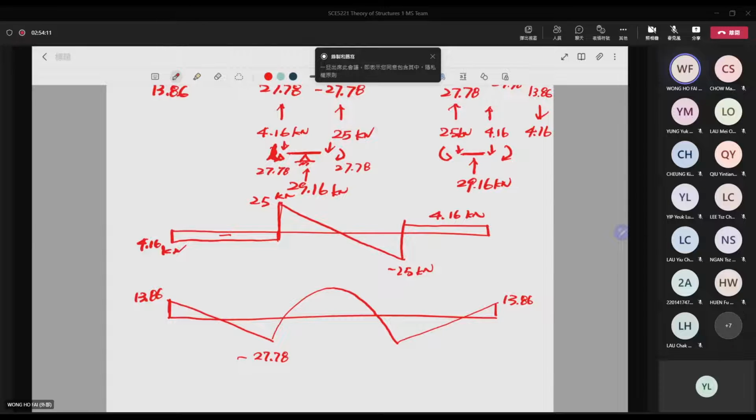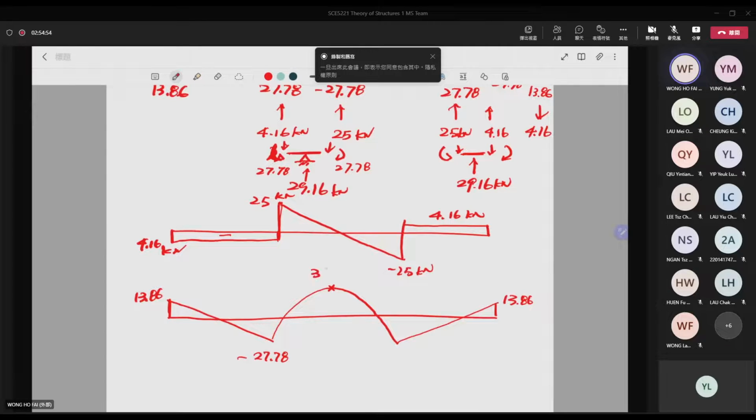Let me count some of the values for you. 41.6, 30.xx minus 41.6. And then this is 25 times 5, negative 27.78, plus 25 times 5 divided by 2.